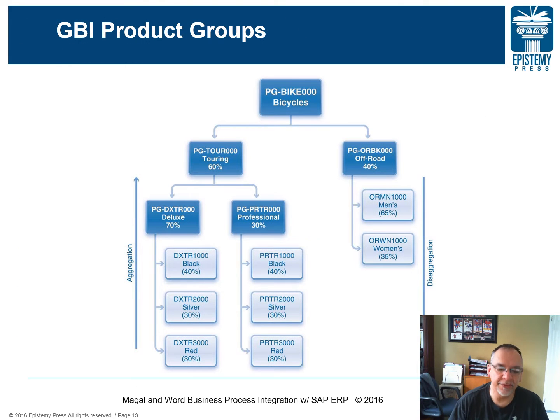Here's an example for GBI of the different product groups and how you can set parameters up so that you can produce similar products without having to plan for all the separate products.